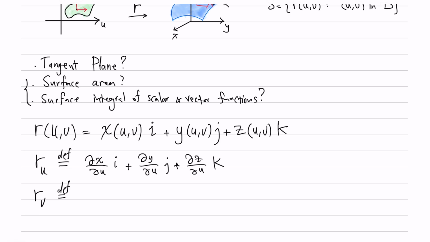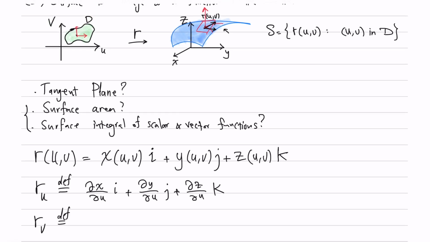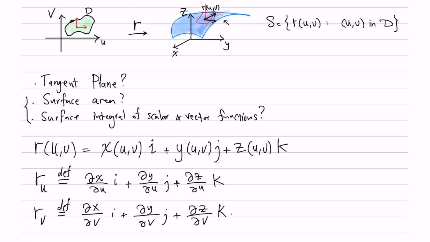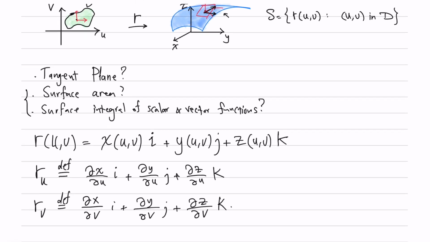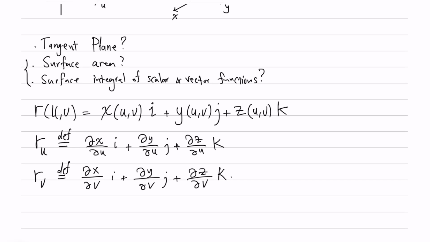And similarly, if you move in the v direction, the tangent will be partial x partial v i, partial y partial v j, partial z partial v k. It's not guaranteed for any function, but for a parameterization, it's part of the assumptions.